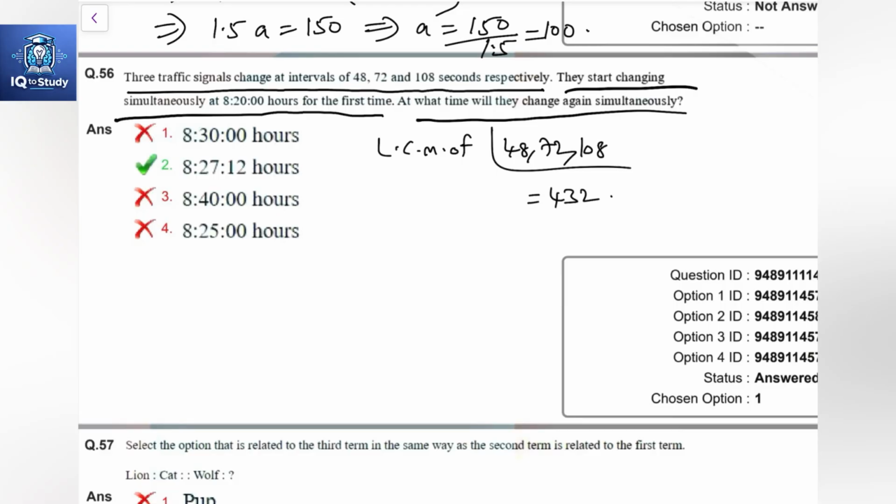It becomes 432. And let's convert it into minutes, which is equal to 7 minutes 12 seconds.